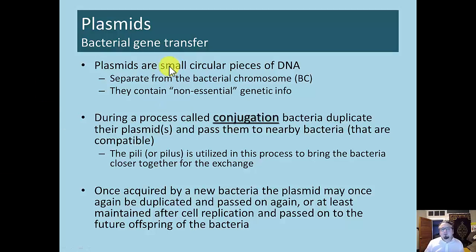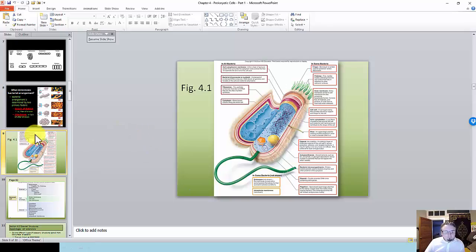So the plasmid is responsible for the genetic materials. It carries the genetic material, such as an antibiotic resistance gene, and it can be transferred. The process of transferring it is called conjugation, and that's something we talked about back in chapter 4 as well.